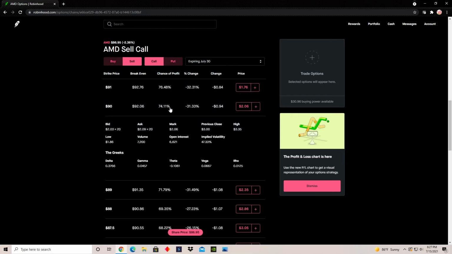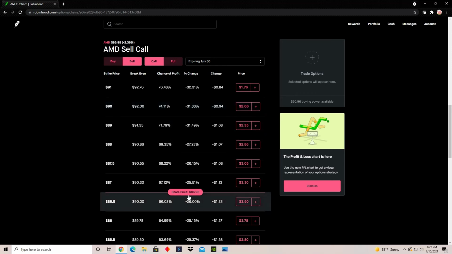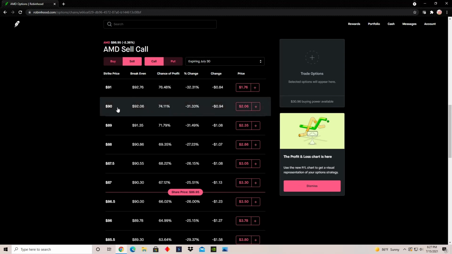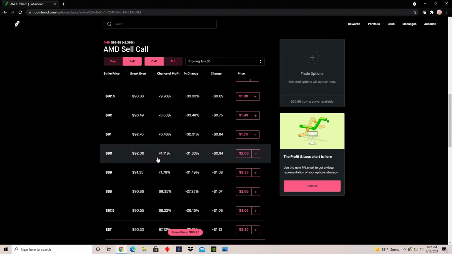And essentially what this means is, if the share price of AMD rises above the strike price of the call option that you sold, you would be forced to sell your shares back to the market at the strike price that you designated when you sold the call option.